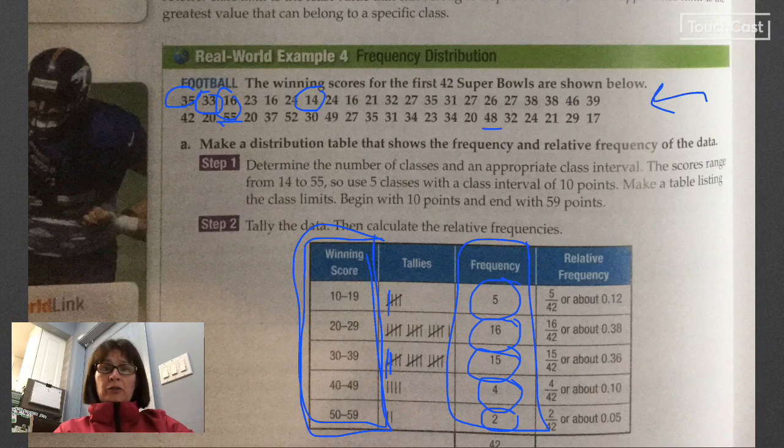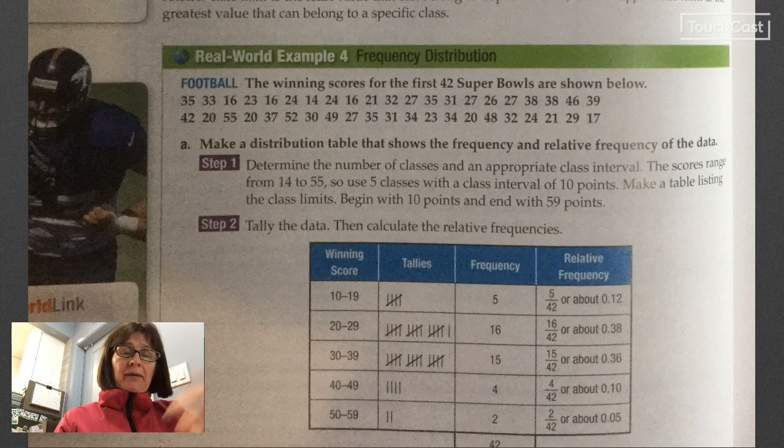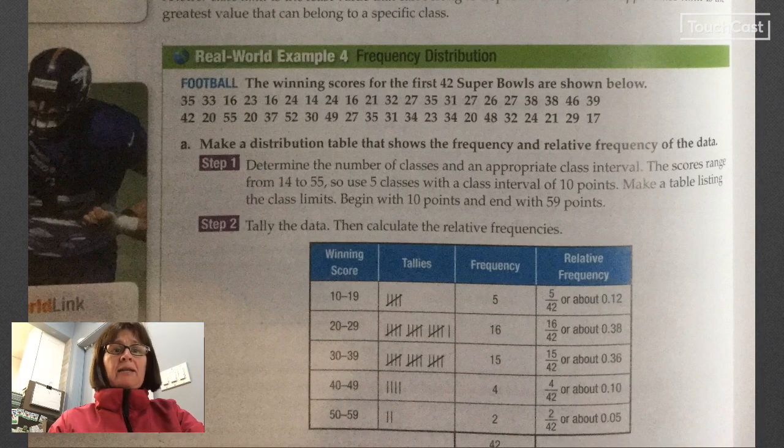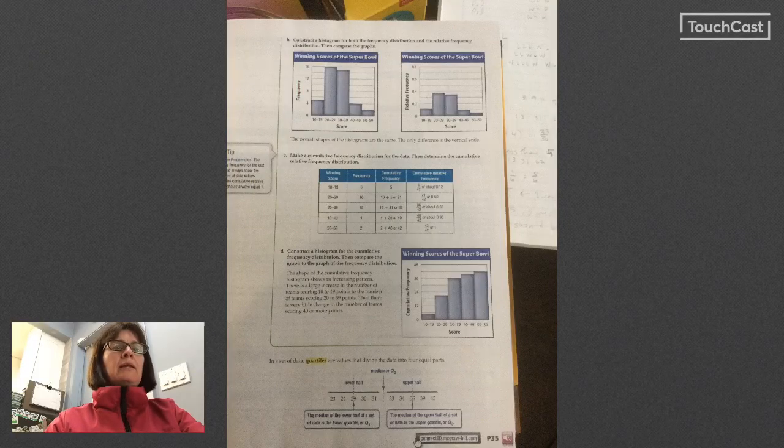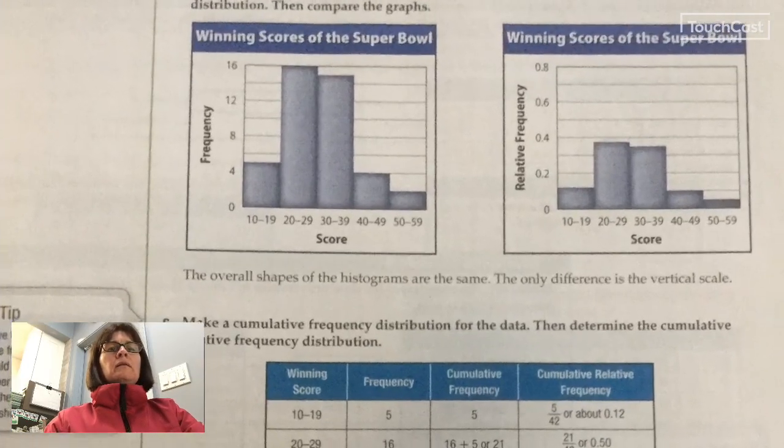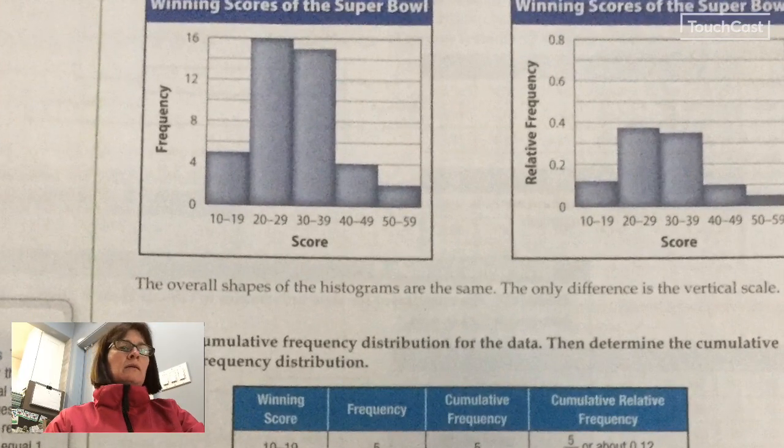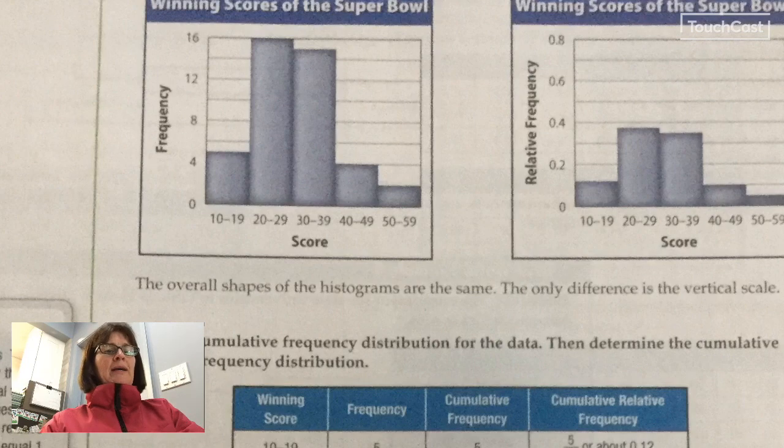So two things I might do from here. I might make the relative frequency table that I made in the last example we did. Here's my histogram. These are my buckets.